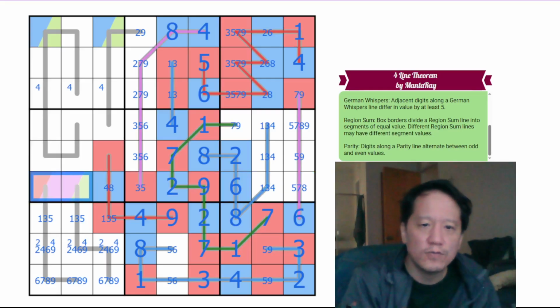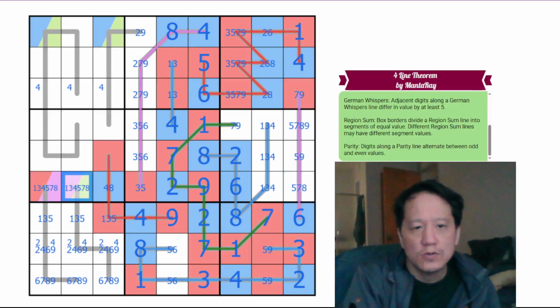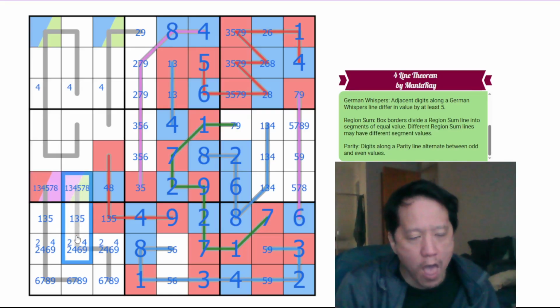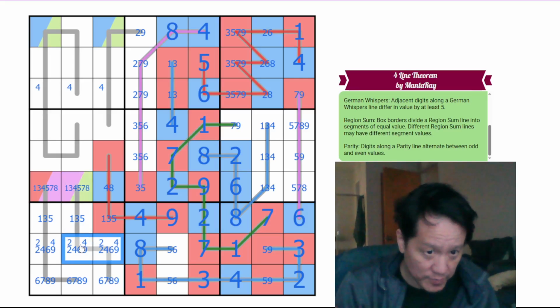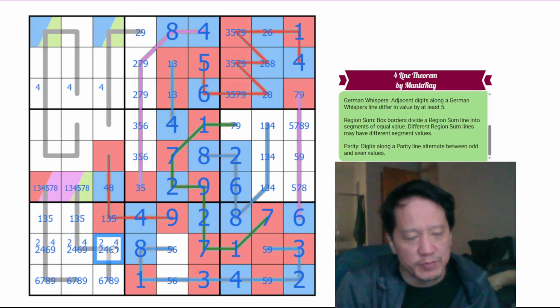We have 1, 3, 5, 7, 8, 4. 1, 3, 4, 5, 7, 8, essentially. If this is not parity, if this is Whisper 5, this has to be low, this must be high, and this must be low.